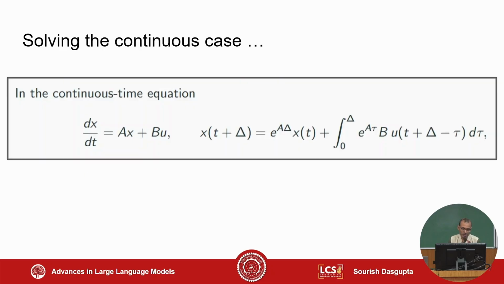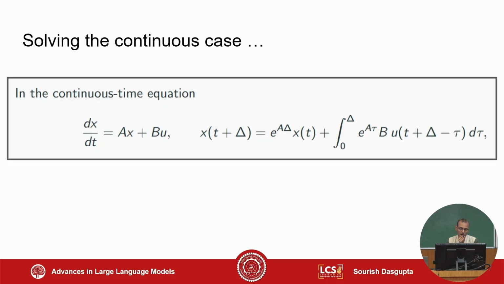So, solving the continuous case: if you have to solve this ODE, dx/dt = Ax + Bu, you will get this solution. x(t+Δ) = e^(AΔ) x(t) + the integral from 0 to Δ, over the small period Δ, of e^(Aτ) B u(t+Δ−τ) dτ, where τ is the variable you are integrating.